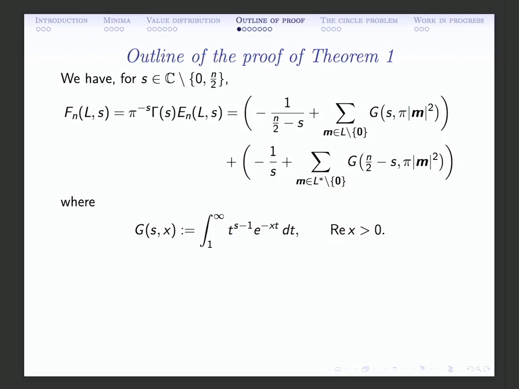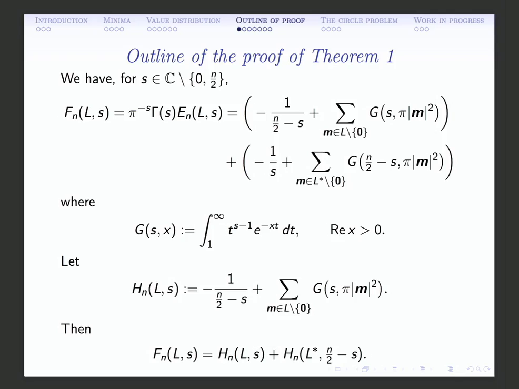And if I introduce some notation here, so I call, say, the first bracket up here Hn, then I can write this relation compactly as the completed zeta function is a sum of two Hn's evaluated at two different points, at s and n halves minus s.